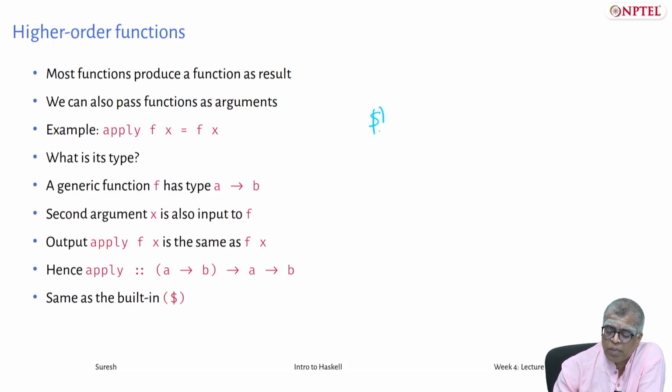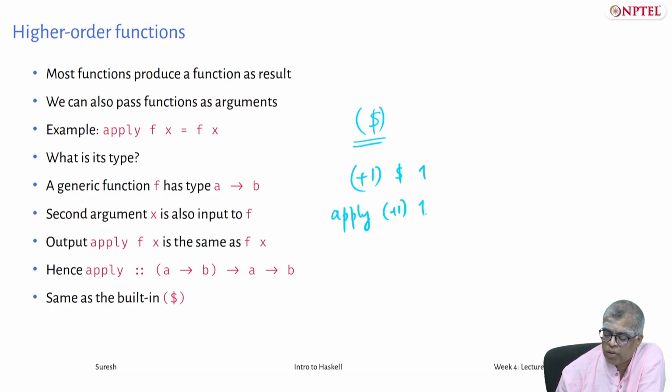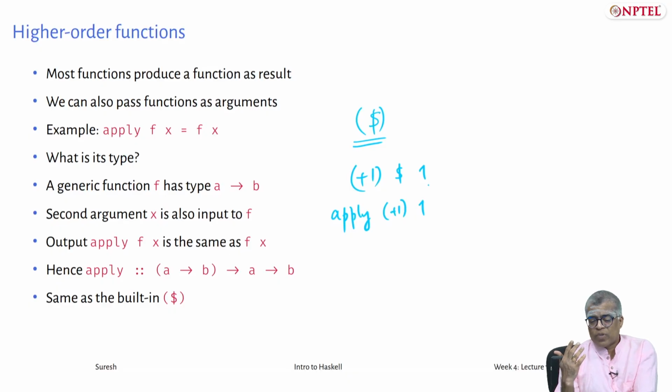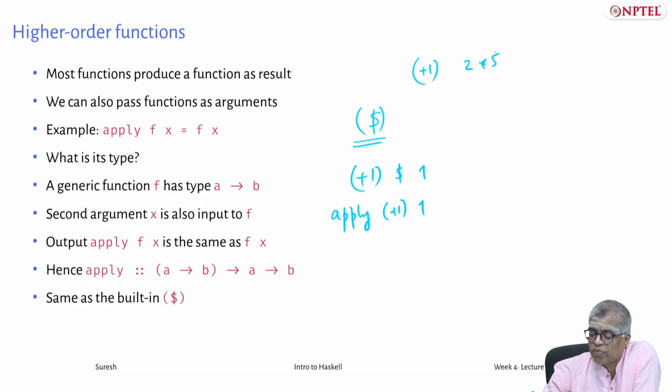Now, strange as this function may seem, we use this quite often. This is the same as the function dollar. Okay, so plus $1 $1 is nothing but our apply of plus 1 1, and we introduced dollar as a means to avoid unnecessary parenthesis. So we said that instead of writing plus 1 applied on 2 times 5 plus 4, we could have just said plus $1 2 times 5 plus 4.